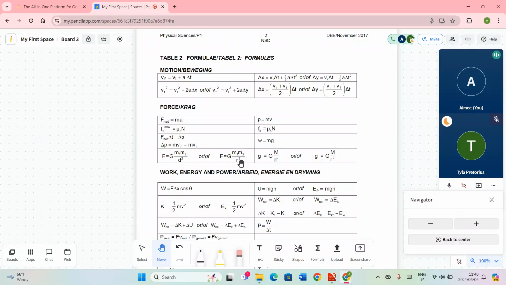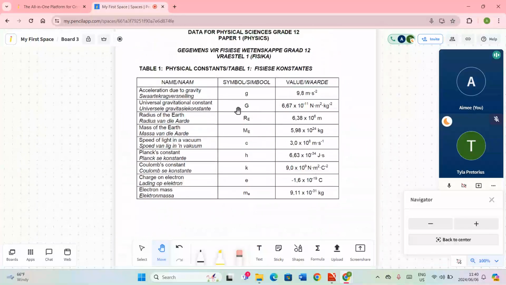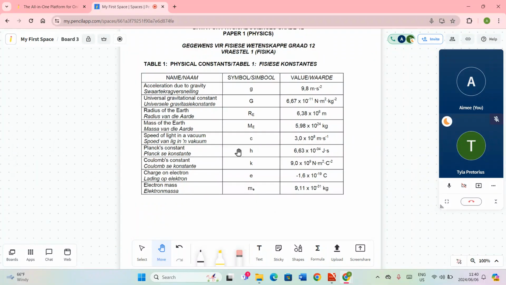And r is the distance between their centers. G is a constant, which you will find on your formula sheet. G is the universal gravitational constant, which is 6.67 times 10 to the negative 11 newtons per meter squared per kilogram to the negative 2. So it's just 6.67 times 10 to the negative 11.